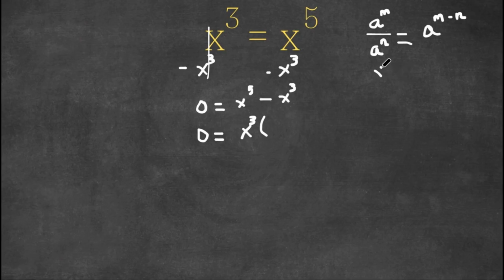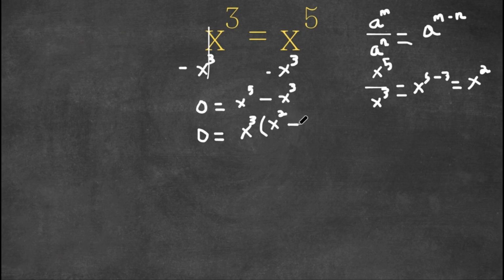So x to the power of 5 divided by x to the power of 3 is equal to x to the power of 5 minus 3, and 5 minus 3 is 2, so this is x squared. So we have x to the power of 3 times x squared minus x to the power of 3 divided by x to the power of 3, which is simply 1, because anything divided by itself is 1.